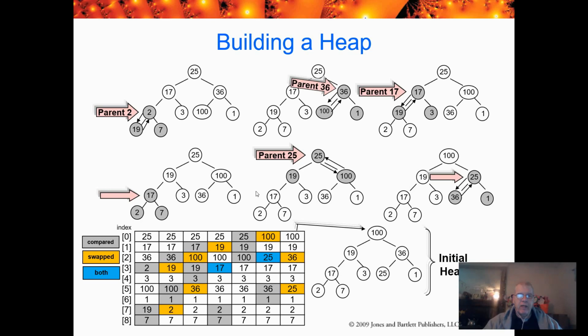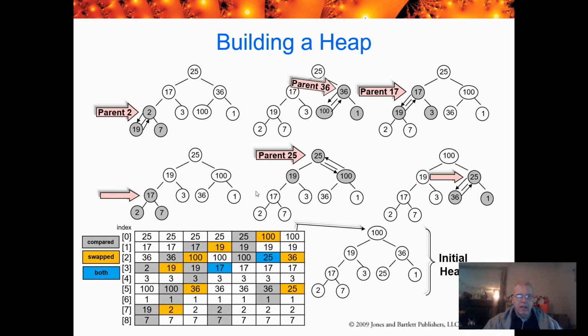Suppose instead of 7 we had 18 there, then 17 would have to go down 1 more. So then we go to the next rightmost highest level parent, which happens to be the root, and we swap it down to 100, and 25 swaps down to 36.